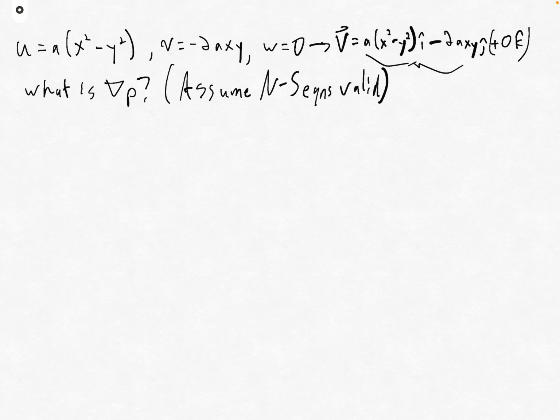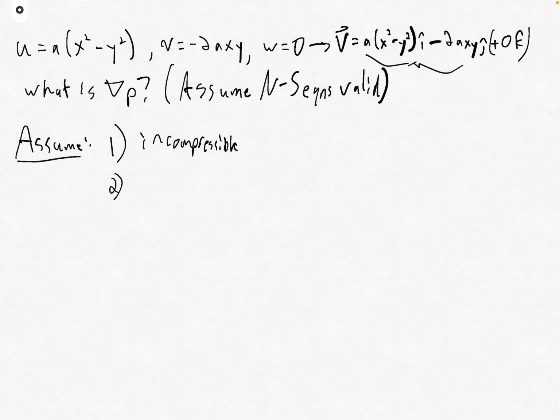Okay, so we're told here that we're going to assume that the Navier-Stokes equations are valid, but let's write out what our assumptions are. First, we're going to assume that this is incompressible, although we could actually show it directly from the velocity field. We're just going to assume it here, or assume that we've shown it previously.